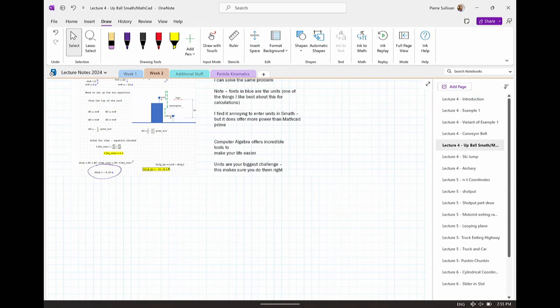The reason it's useful is that English units are absolutely nuts. I can't figure them out sometimes, and I know I can't if I don't do something like this. So keep control and understand that 32.1 feet per second squared is gravitational acceleration, and it's not 9.81 meters per second squared if you have English units. Any questions on that? That one's just there to talk about.